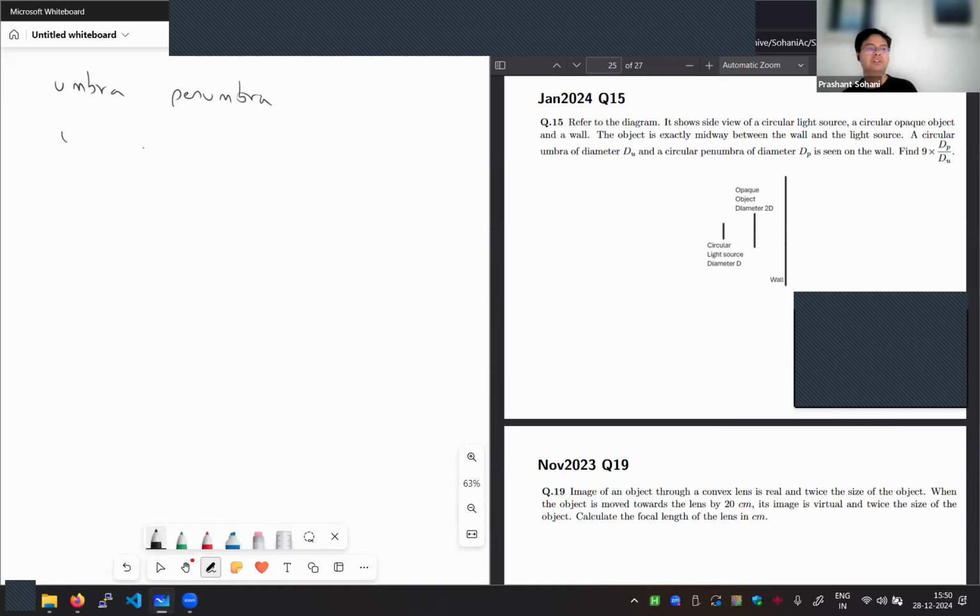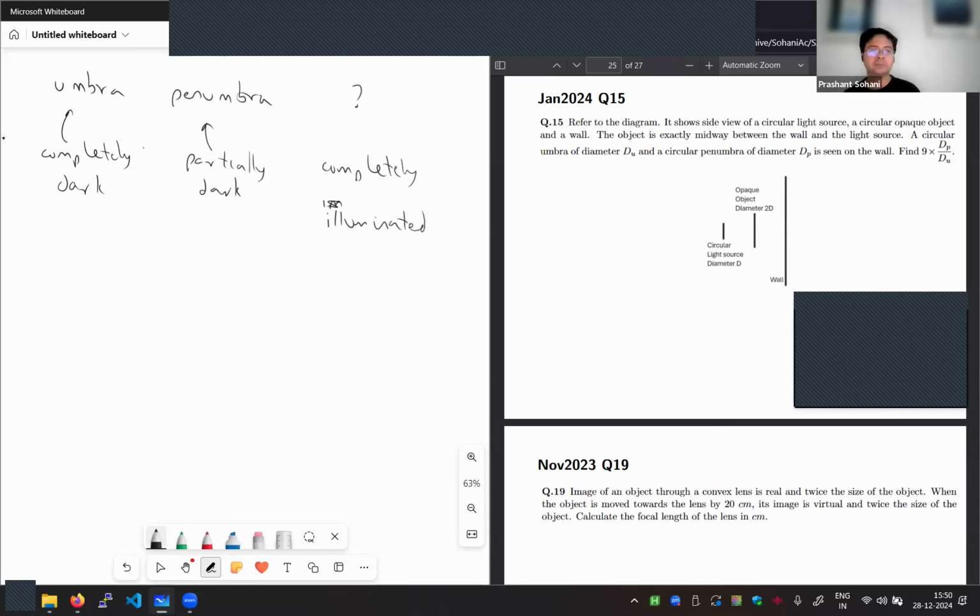Umbra is all the region that is completely dark, where no light reaches. Which means that part is completely in a shadow. Penumbra is the part which is partially dark, which means maybe some light is reaching there, but some shadow is also there. And then finally, there is a term for something that is completely in light, completely illuminated, let us say. So the screen can be divided into these three parts.